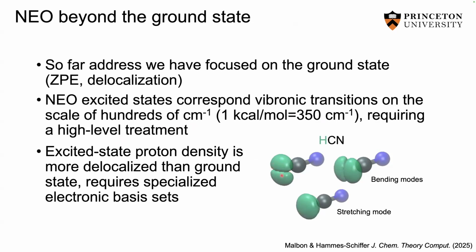But the excited states of the proton correspond to what we could qualitatively call degenerate bending modes, like we'd see if we just did the normal mode analysis, and a stretching mode of the hydrogen relative to the heavy atoms. And the wave functions both have nodes at the origin.